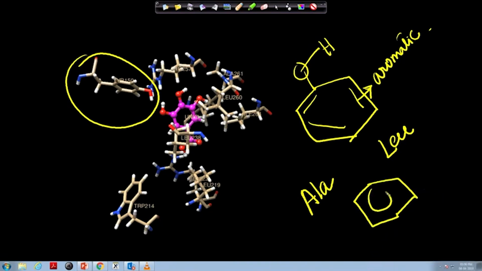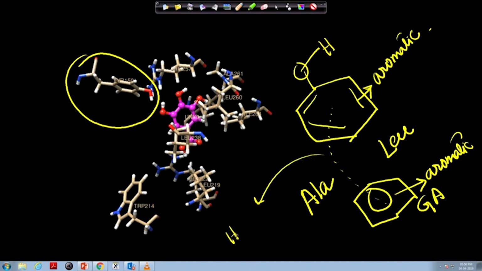In gallic acid we can see there is one aromatic part. So, there might be some sort of hydrophobic or aromatic interactions there, and also hydrophobic interaction might exist between alanine and leucine.